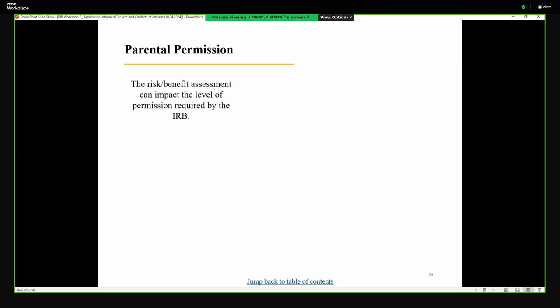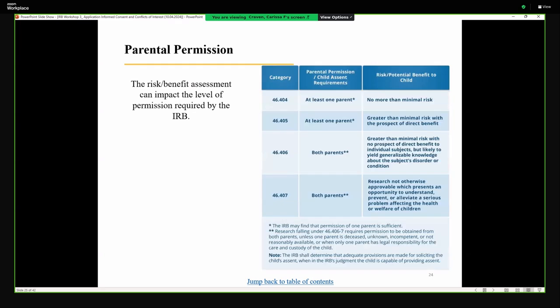So, depending on the risk versus the benefit of the protocol, there might be different levels of permission required. And typically, this is just one parent or both parents when possible. So, if it is no more than minimal risk, usually only one parent needs to sign. If it is above minimal risk, but there is a direct benefit to the child, again, typically only one parent would need to sign that permission.